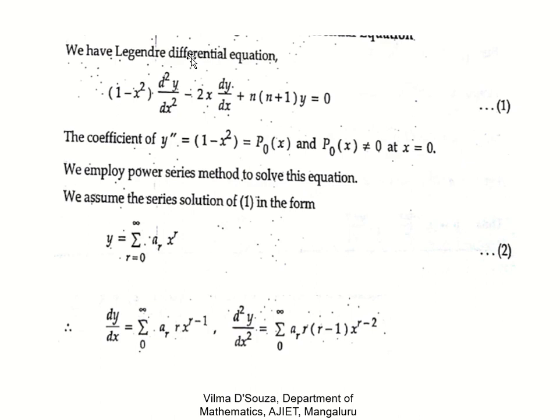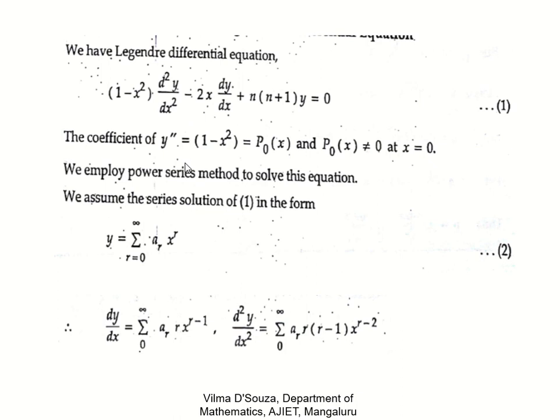So we have the Legendre differential equation in the form (1 minus x square) d square y by dx square minus 2x dy by dx plus n into (n plus 1) of y is equal to 0.